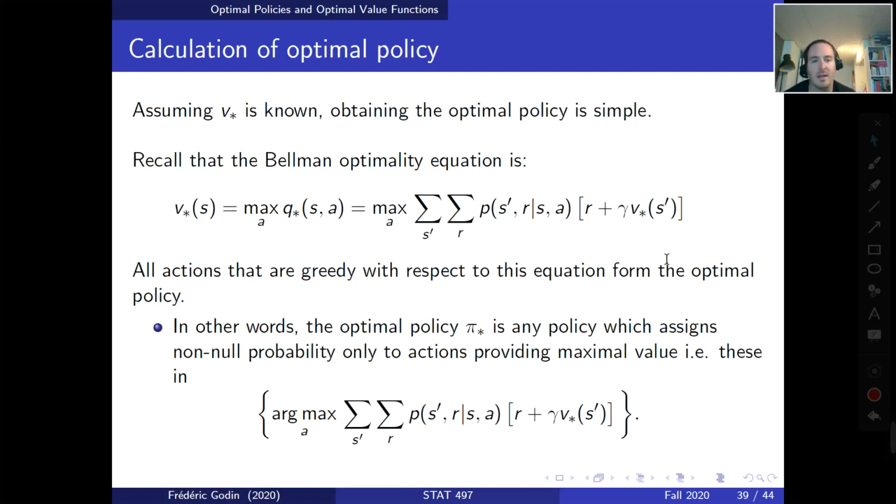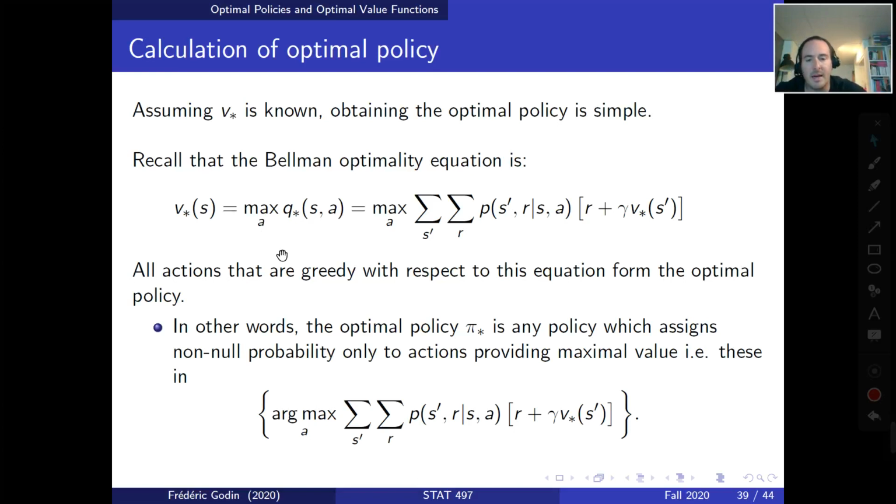In other words, if we want to know what's the optimal action in state S, then we simply have to calculate the optimal action value in state S and then compare the value of each action and pick the optimal one, meaning the one with the highest action value.